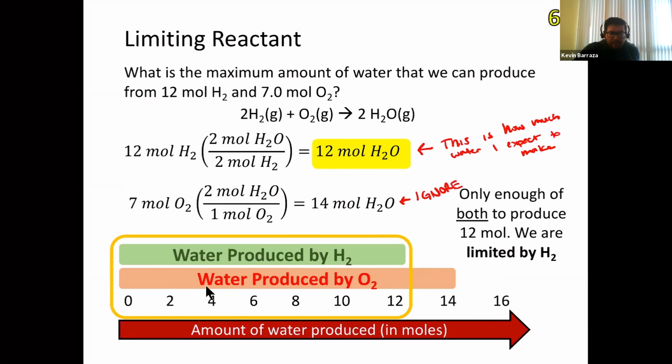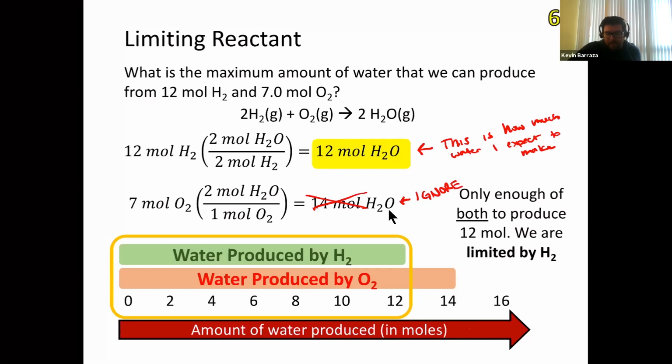And we see it on the number line. I have enough of each to make all the way up to 12. But once I go beyond 12, now I don't have enough hydrogen to mix. So we always go with the smaller value. We ignore the other answer. In fact, don't even look at it. It was for the purposes of making our decision, but not an answer that we write down as our final answer. For showing work, yes.